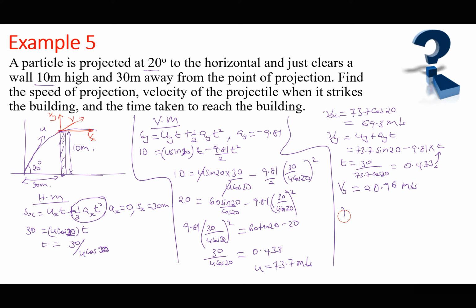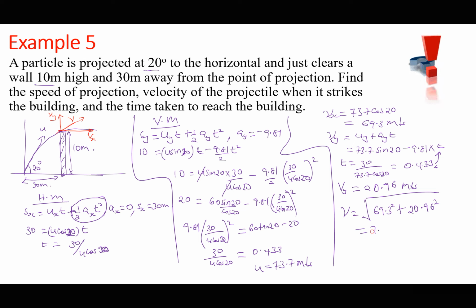So the resultant velocity is going to be the square root of 69.3 squared plus 20.96 squared. So this is giving me 72.4.